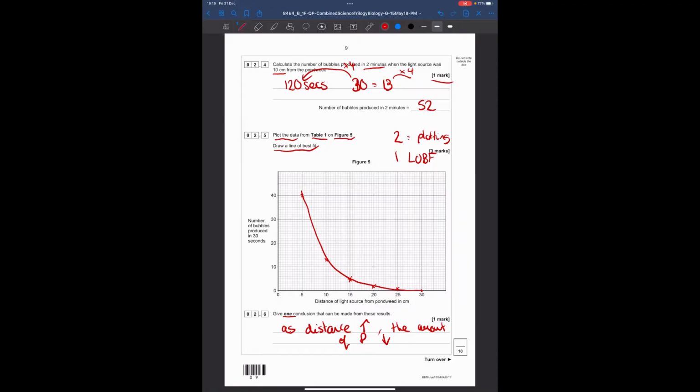You can also link it back to light as well. So as light amount decreases, the amount of photosynthesis decreases. Or any statement in reverse that means the same thing would get you the mark as well. So you could say the more light there is, the faster the rate of photosynthesis.